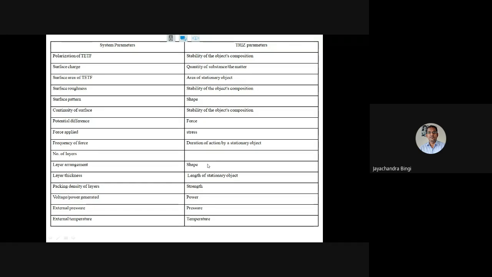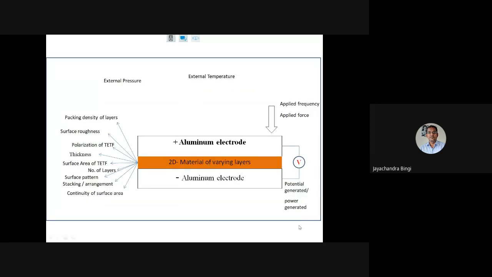I will tell you, in this device, what is the ultimate target? With the minimum force, we need to generate maximum potential. Even in robotics, the future triboelectric skin is going to be based on this effect only.